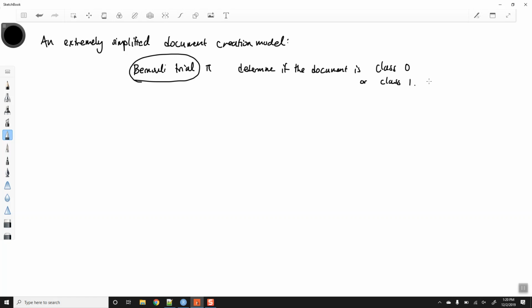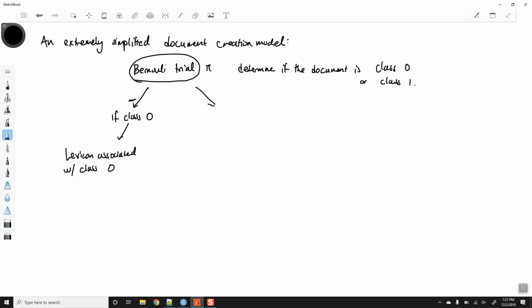Okay, and then if class 0, there's going to be a lexicon associated with class 0.